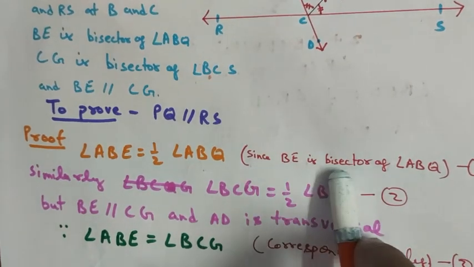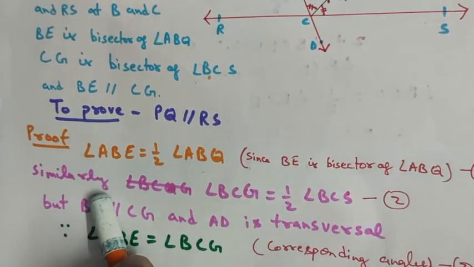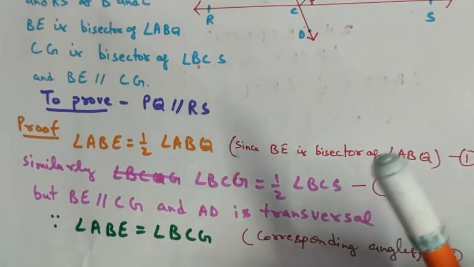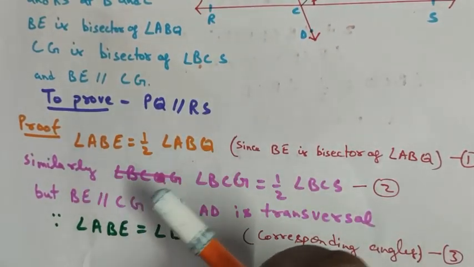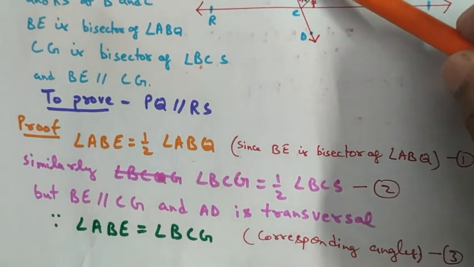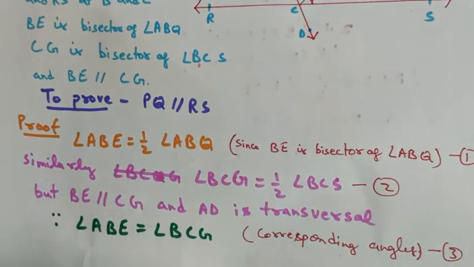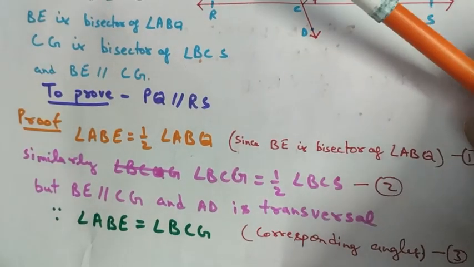If you have written this information once, it is not necessary to write it again, you can write it this way. Now, it is also given that BE is parallel to CG, and AD is the transversal.